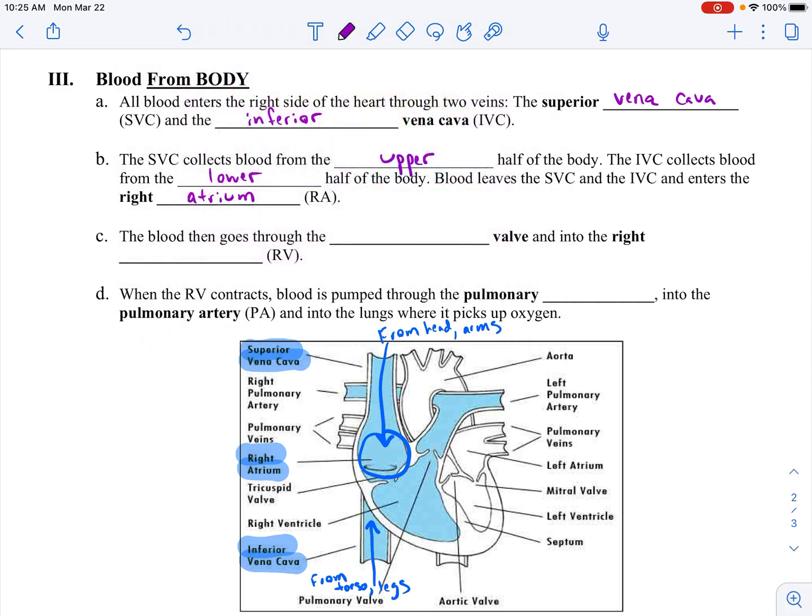The blood will then leave the right atrium and travel through a valve called the tricuspid valve. That valve will keep blood from being able to go back into the right atrium. So it's kind of like a check valve, so that blood, when it enters the next chamber, will not be able to go back into the right atrium. And that next chamber is called the right ventricle.